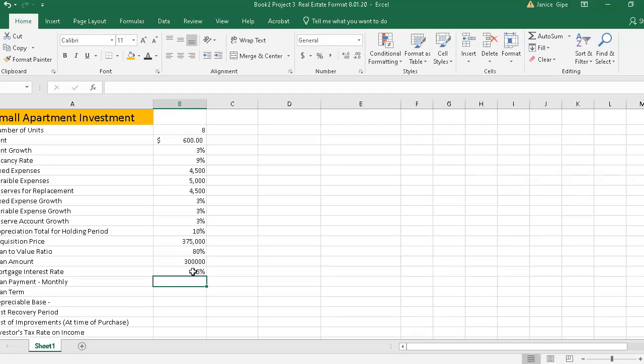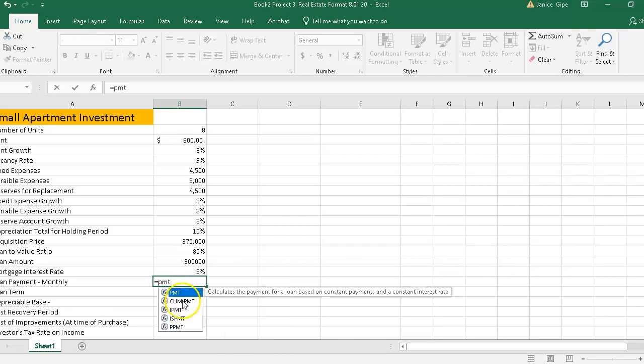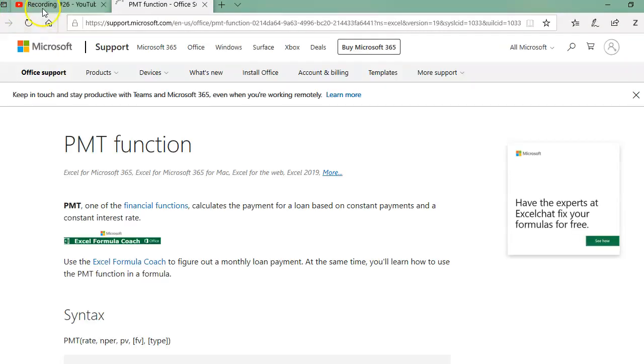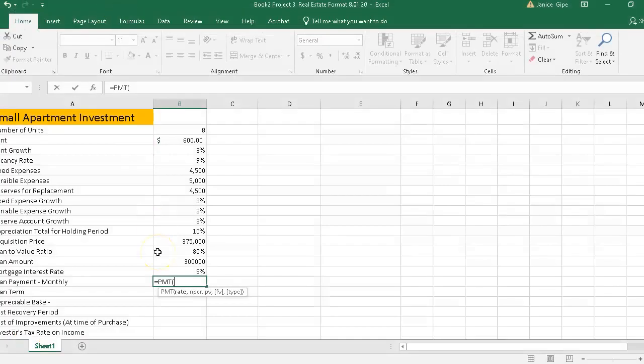So now we can calculate the monthly loan payment, which I'll do with the payment function. The rate is the 5% divided by 12.